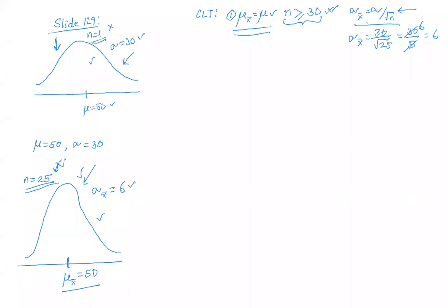Any question on this, anybody? Okay, find the probability that a randomly selected person spends more than 110 minutes on the social media. A randomly selected person means a sample size of 1.